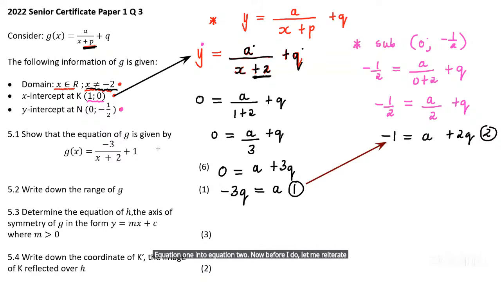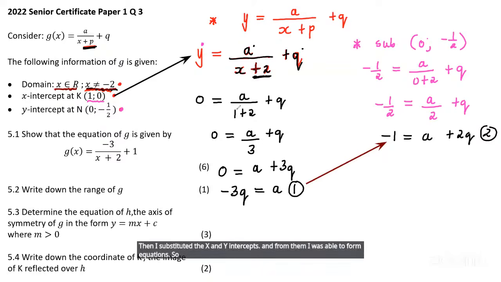What gave me a good idea was the fact that they told me the domain. X is an element of real numbers, but x is not equal to negative 2, which basically is your asymptote. And so when I put it into the equation, the minus, we write it as a plus 2. Then I substituted the x and y intercepts, and from them, I was able to form equations.